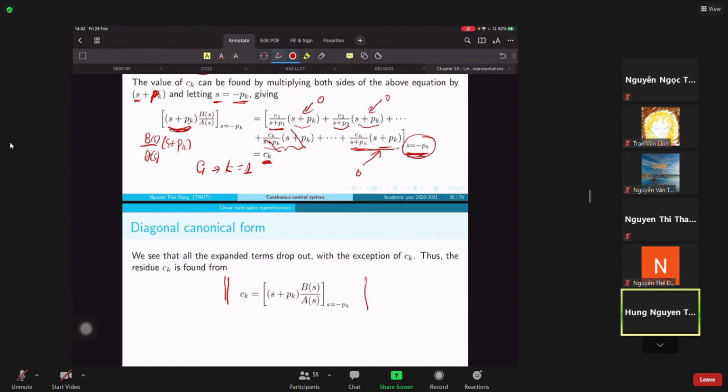Now you replace s equal to minus 1 here, and we got minus 1 over 1 times 9, so we have minus 1 over 9.